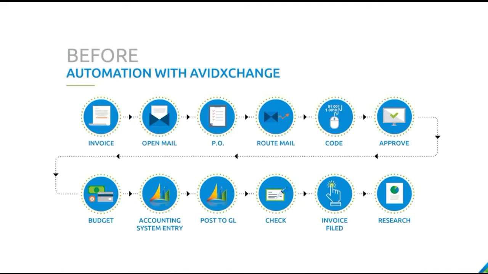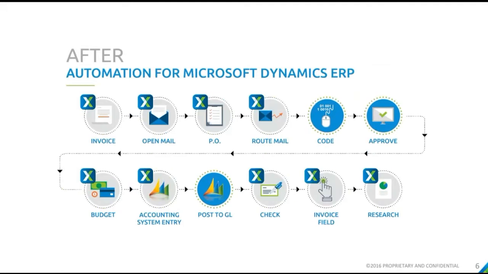I'm getting tired, yeah. This is the world we know that many of you live in today, and it's the reason you came to the session today, is you're trying to figure out, well, what would it be like after? Sure. So life after AvidXchange. So anywhere where you see the AvidXchange logo or the gray circles, that is where either software or service is going to step in to help automate that process.